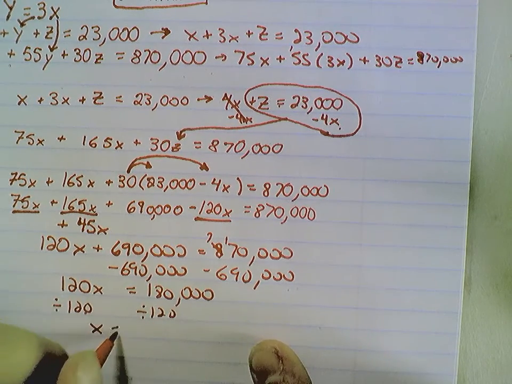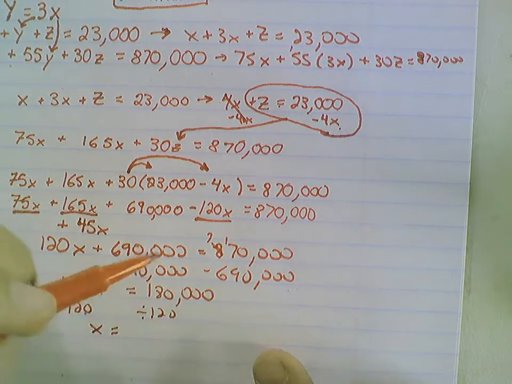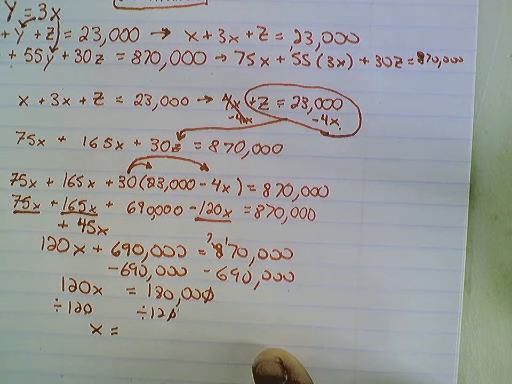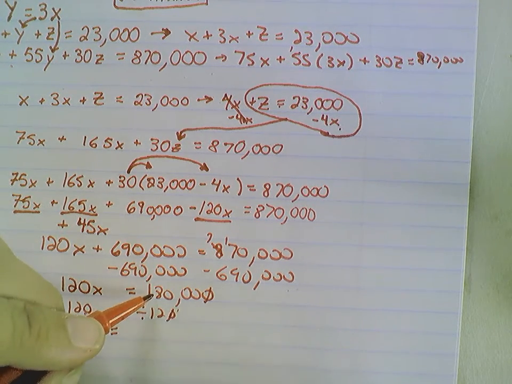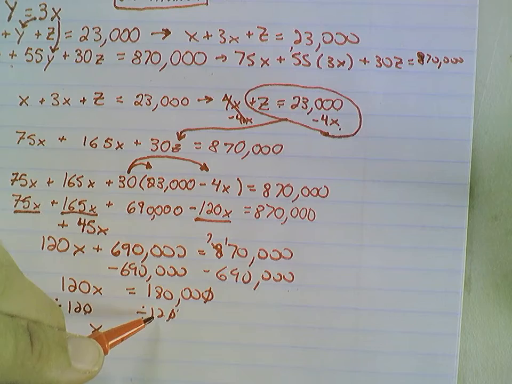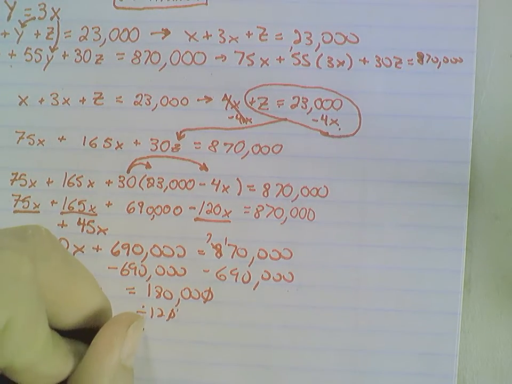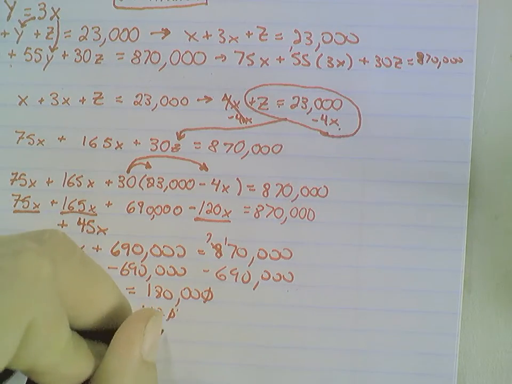I'll get x equals, now on this one, that 0 can cancel out. It's just dividing 10 from both numbers. And then I can simplify this by taking a 6 out of both of these. So if I take a 6 out of the top one, I'll be left with 3,000.